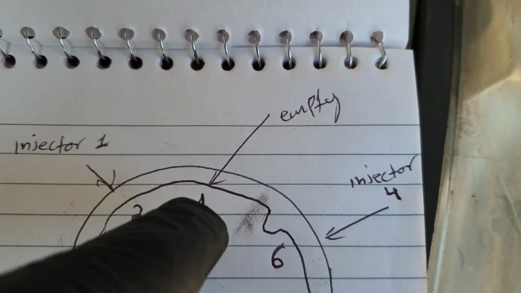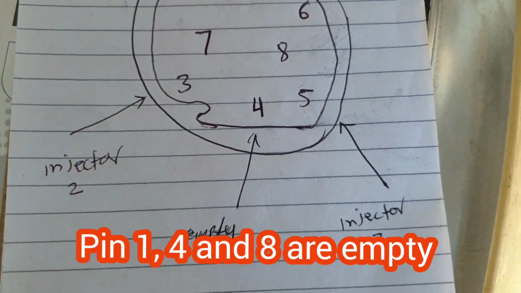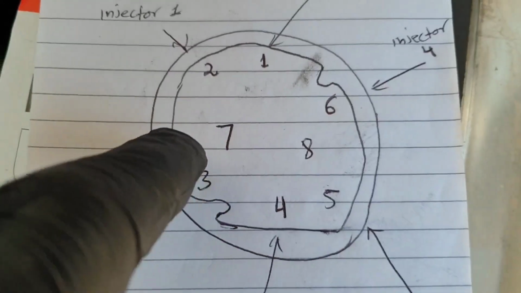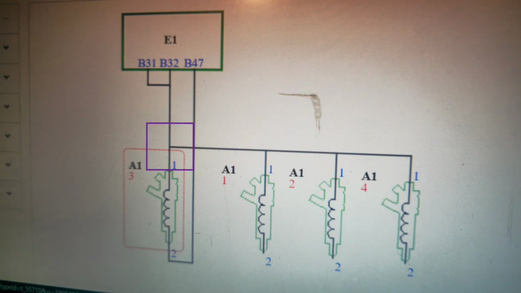Pin 1 is empty and pin 4 is empty too, and pin 7 is the power supply wire that's connected to every injector.